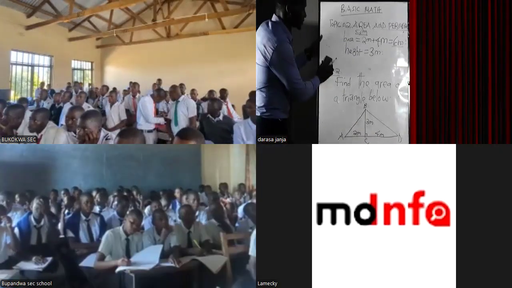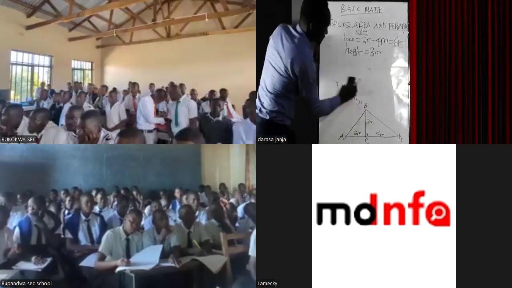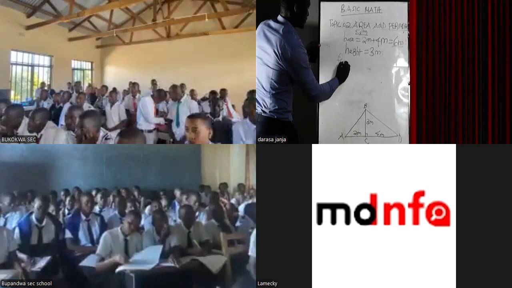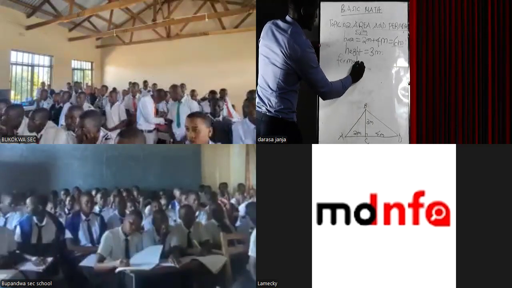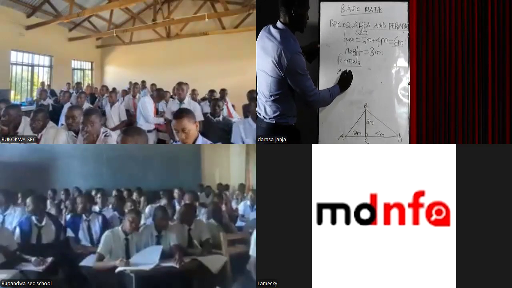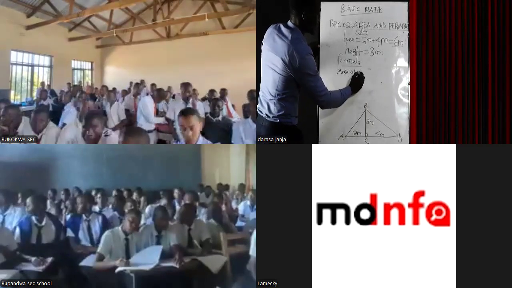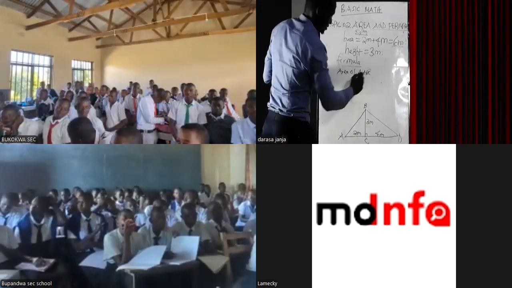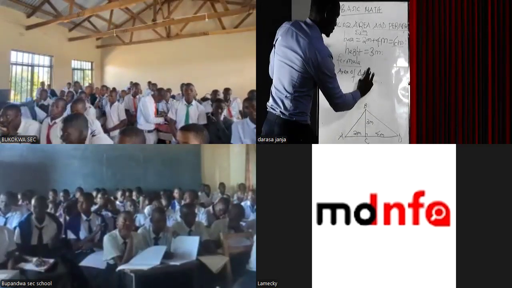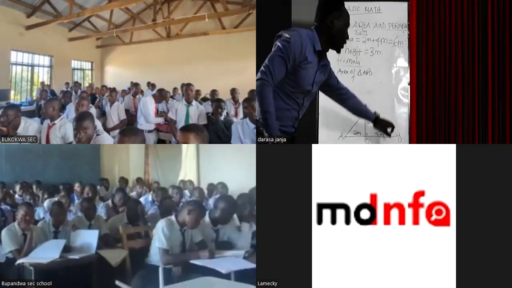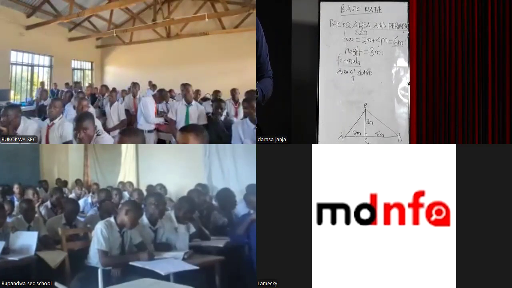So we need to write the formula for finding the area of this kind of triangle. We're finding the area of triangle ABD, the whole triangle.